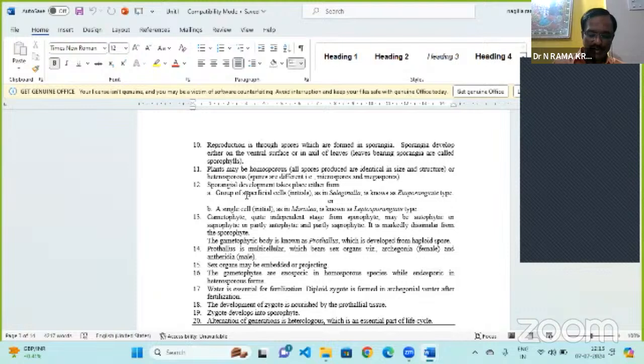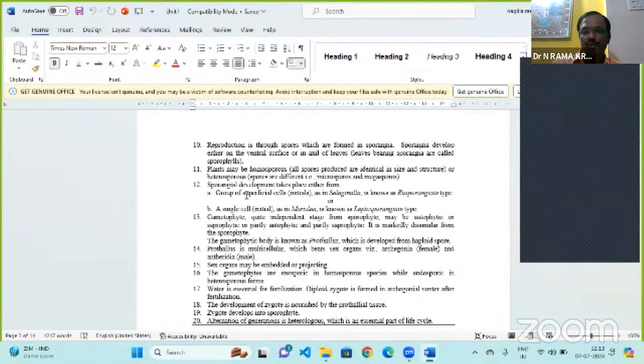So what is leptosporangiate? I already told you what eusporangiate development is. A group of superficial initial cells, known as sporangial initial cells, gives rise to the development. The group of cells, or the entire development, comes from one group.